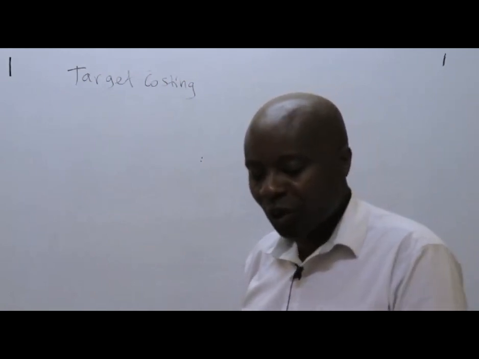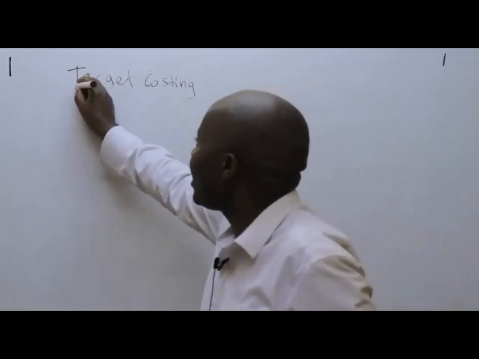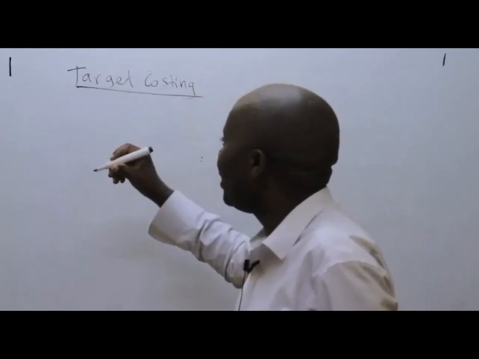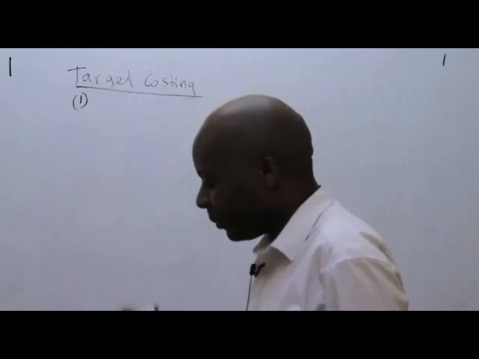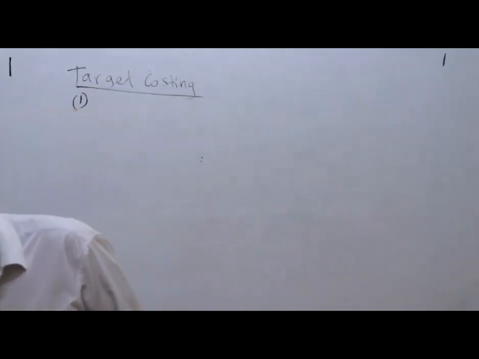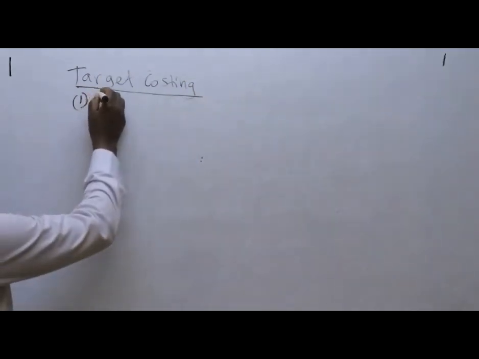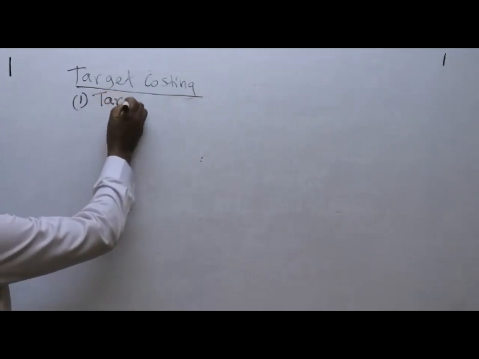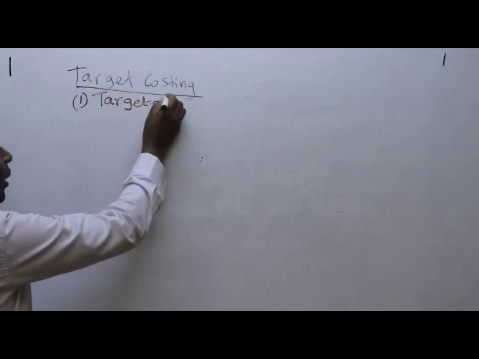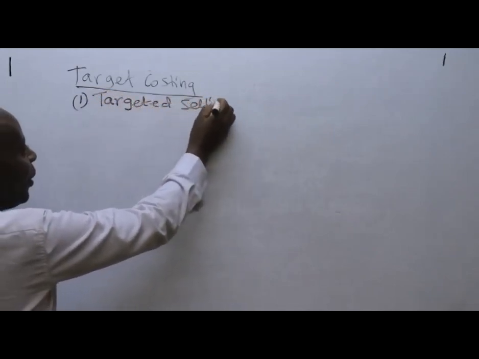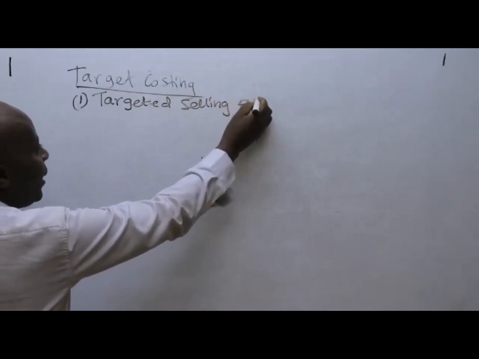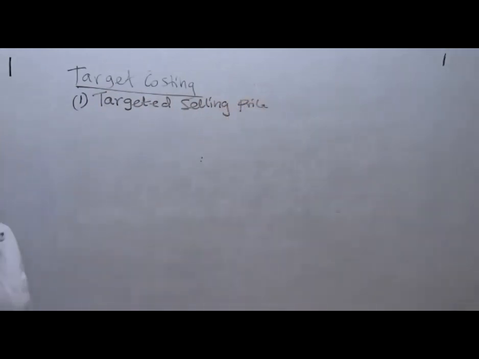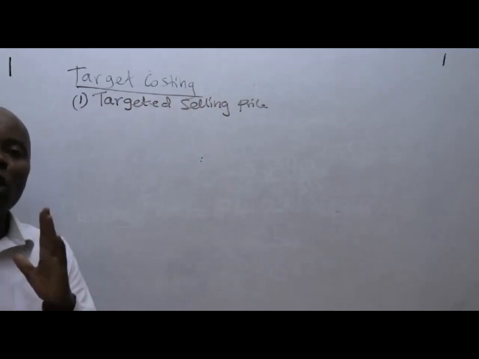Step number one under target costing will be identification of the targeted selling price. You go to your competitors to be.